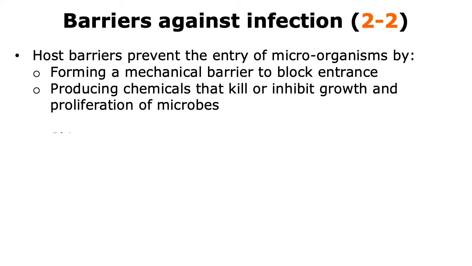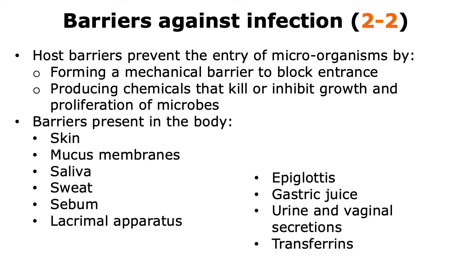Some of these can be in the form of a mechanical barrier that blocks the entry of the microorganisms, while others are in the form of chemicals that are able to kill or inhibit the growth of microorganisms. Some of the barriers that we are going to look at in this talk include many different kinds of barriers, and they're all listed here.